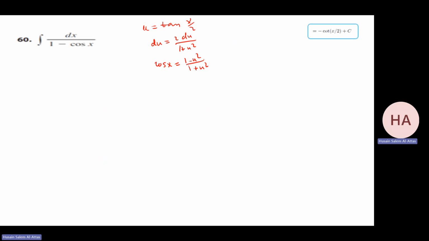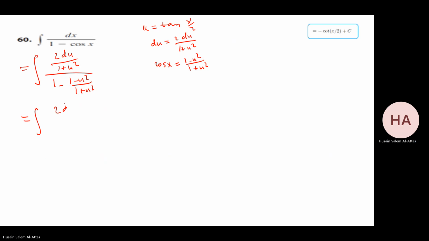Let us see what will happen. That is the integral of 2 du over 1 plus u squared, over 1 minus u squared over 1 plus u squared. That gives me the integral of 2 du over 1 plus u squared.